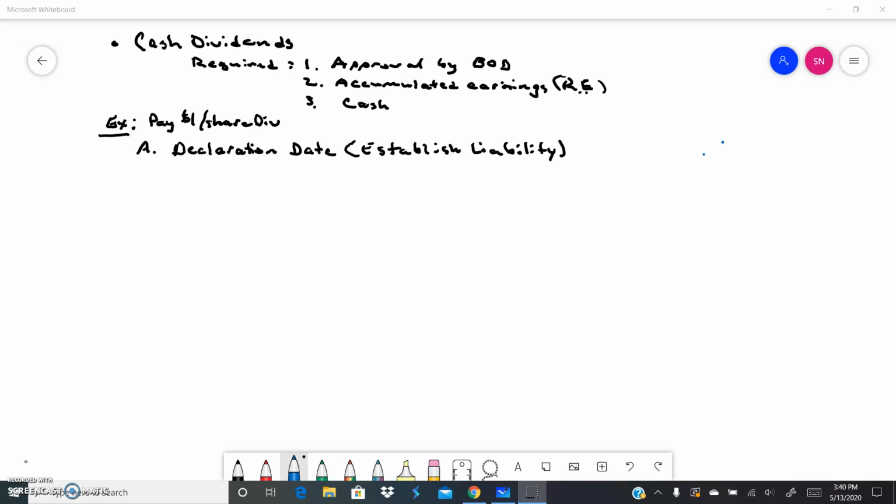And again, really that is a withdrawal effectively by the owner. So the business has been making money, and the owners decide that they want to withdraw some of those earnings in the form of dividends. Now, what's required for a cash dividend is, first of all, approval by the board of directors.